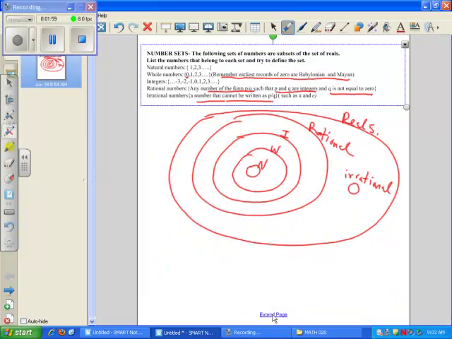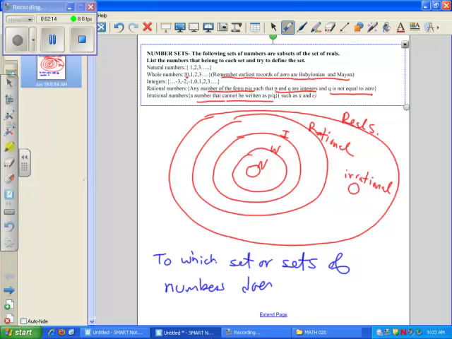Let's just make sure we're catching it here. To which set or sets of numbers does -1 belong? So it's definitely an integer.